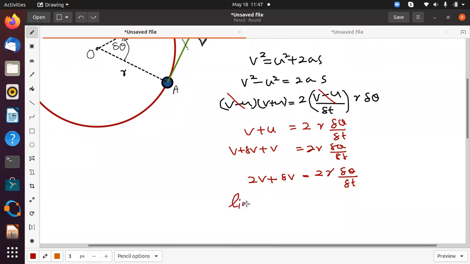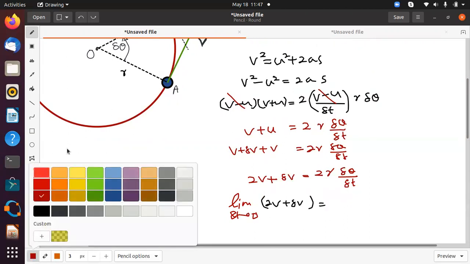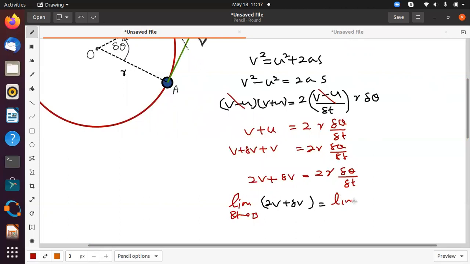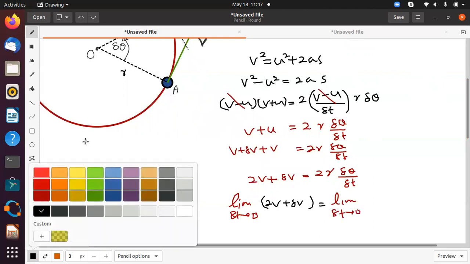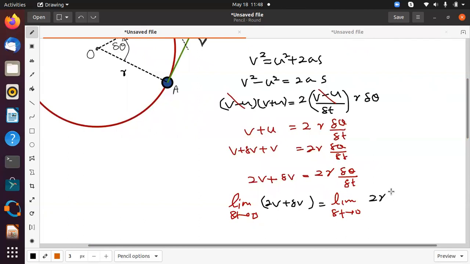Take the limit as delta t tends to 0 of 2v plus delta v, and the limit as delta t tends to 0 of 2r delta theta over delta t.